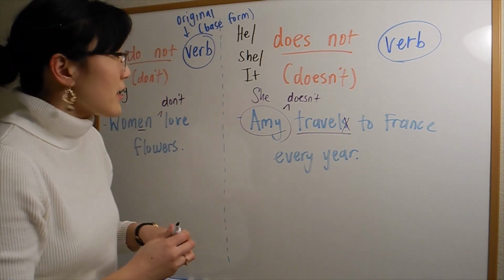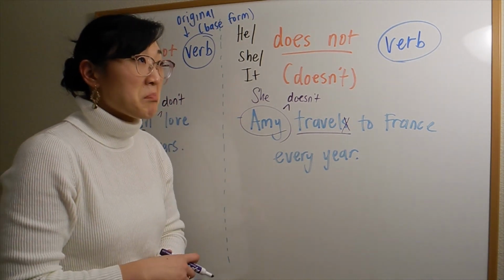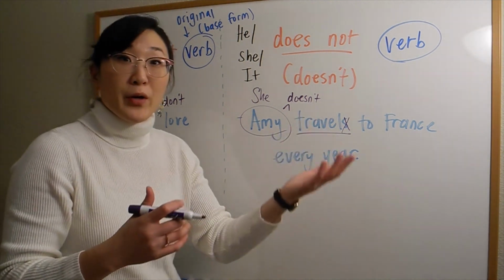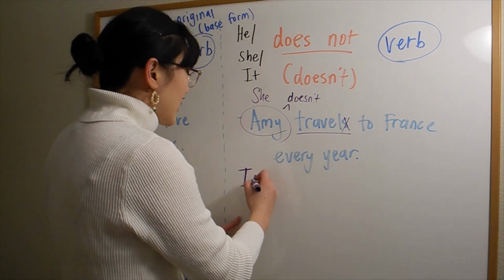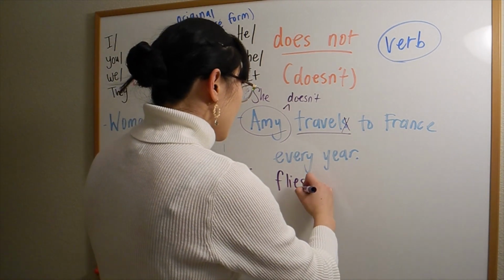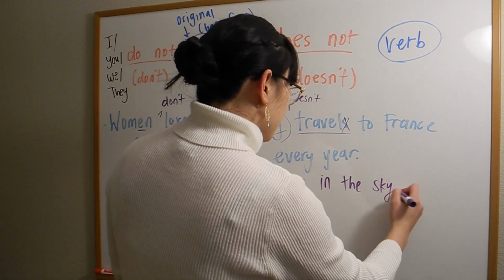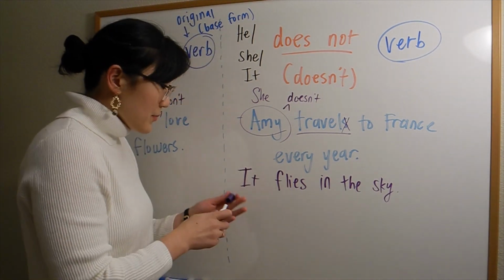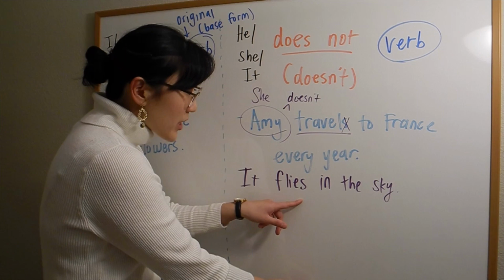The same could be for it. I could say maybe the bird, right? The bird is it. So I could say it flies in the sky, right? This is correct because we have it, he, she, it. You need to change this, right?